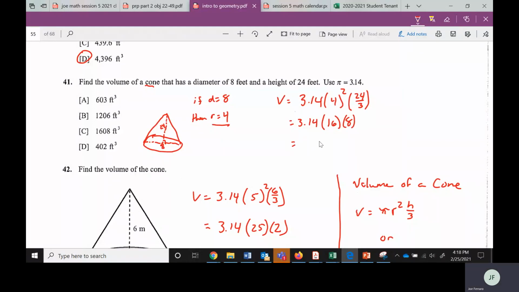We multiply all those together. 401.92. Again, you look at the numbers. We round this to the nearest whole number. It's letter D. Okay.